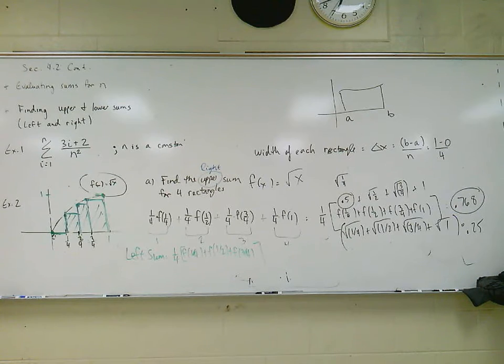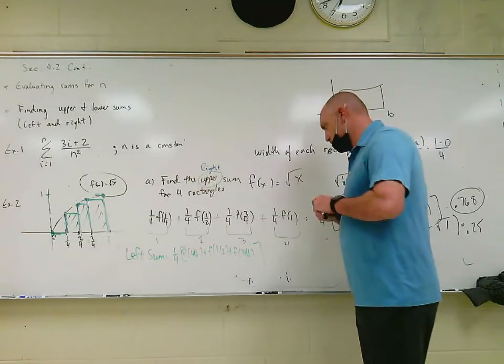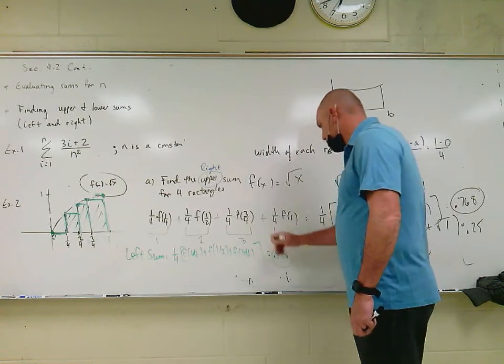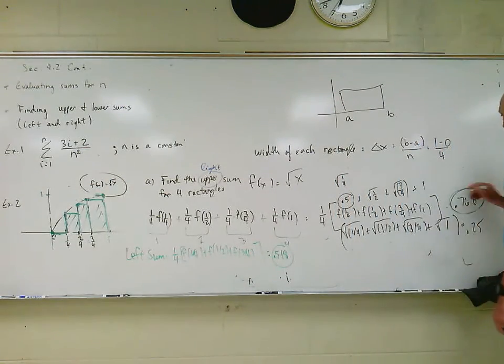You should get something bigger than 0.768 or less than 0.768. Less. Here's your lower sum. What did you get? I got 0.518. All right, good.